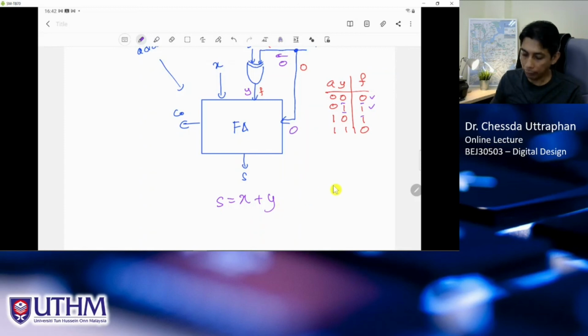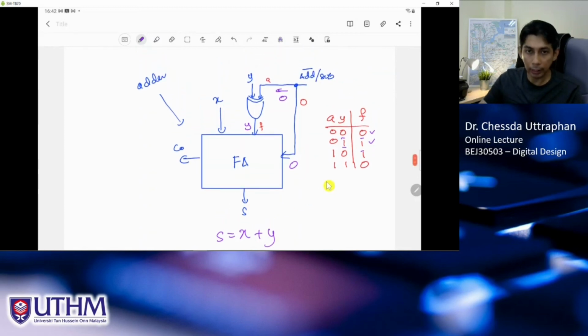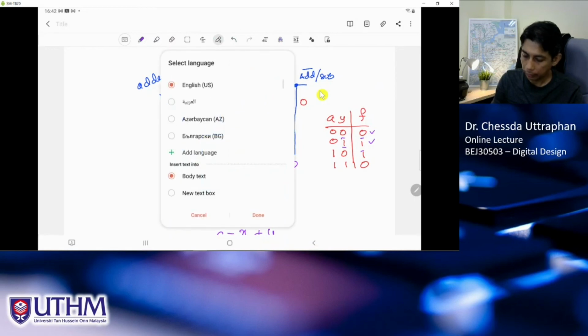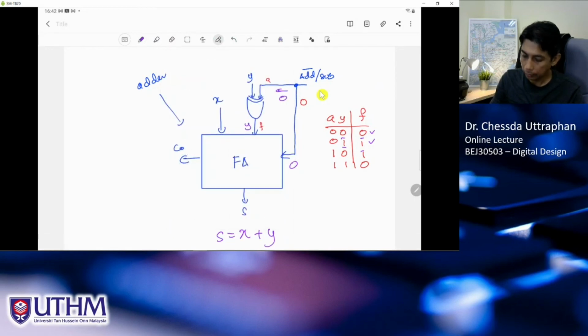But if we set A here, or this signal equal to 1, this equal to 1, and of course this equal to 1, 1, and 1.